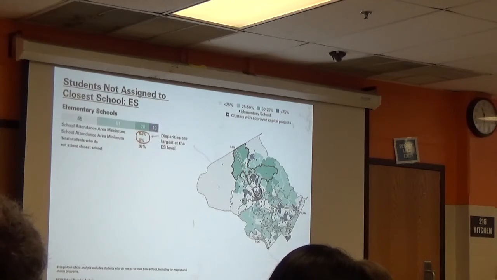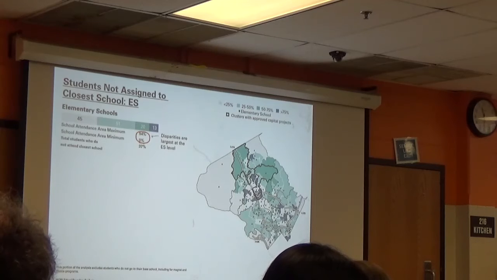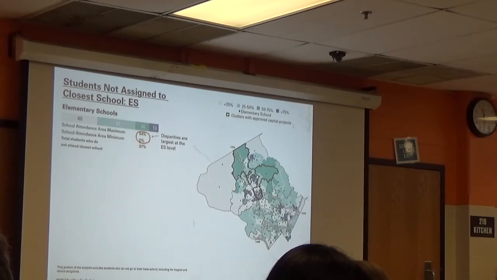And so here you have a snapshot across the district, looking at elementary schools, where you have an incredible disparity, where it's from 0% to 94%, and an average of 37% who do not attend their nearest elementary school.